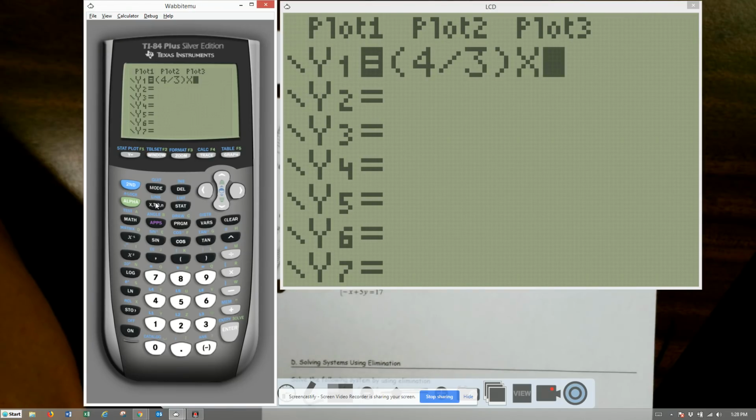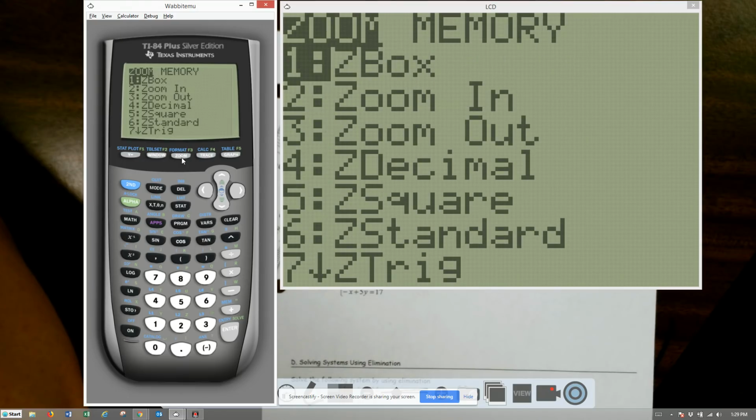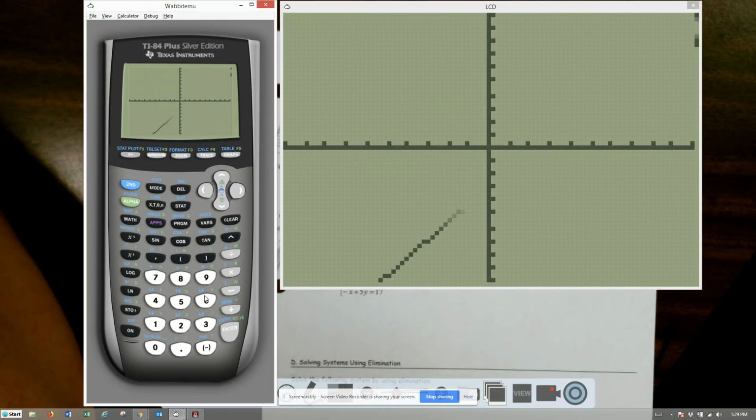So here's my 4/3 x minus 3, and I'll plot my 2x minus 5, doing a zoom standard because that's the plane that I believe I'm looking at.